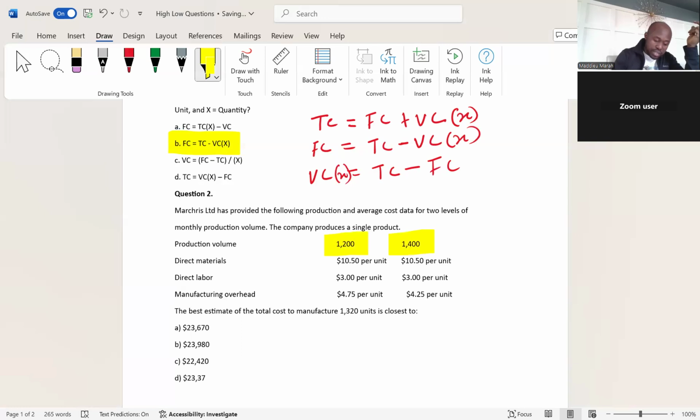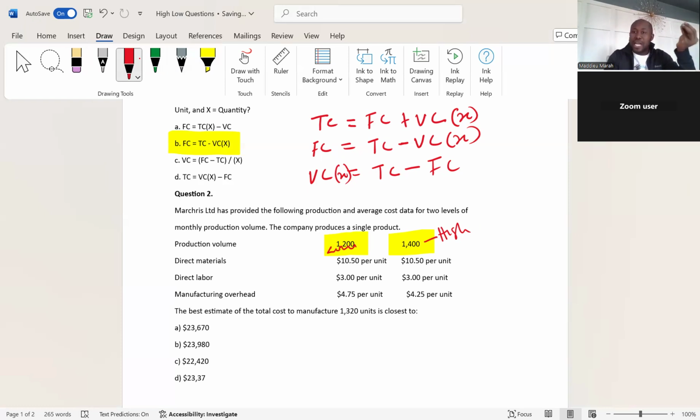If we are using high-low, automatically our high activity is 1,400. Sorry, this is our high activity, and this is our low.